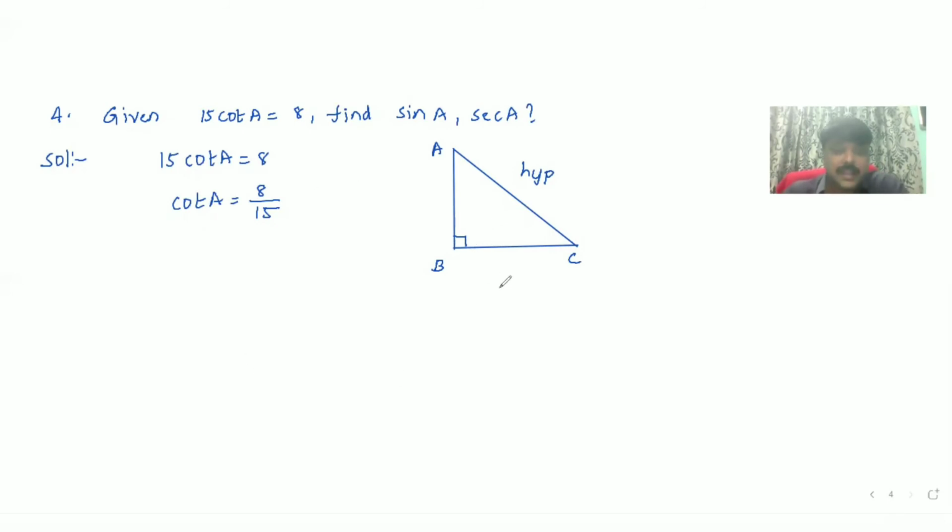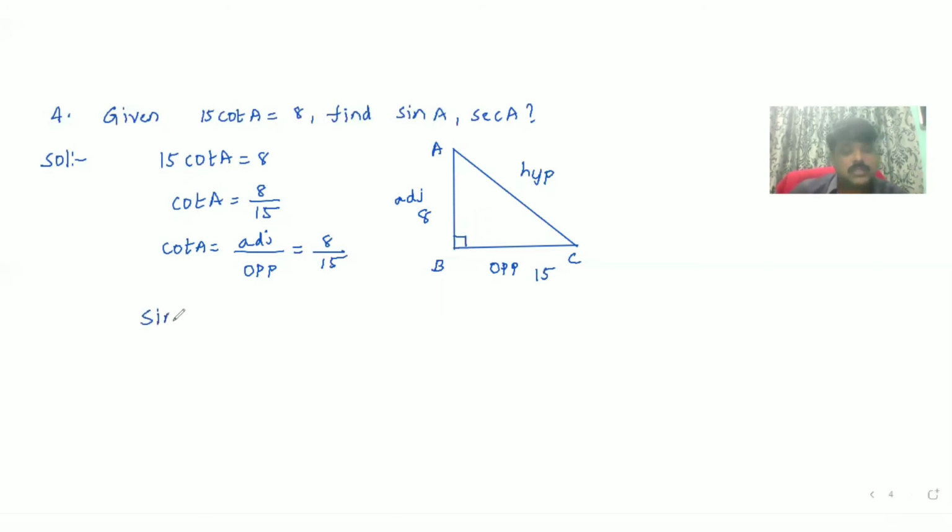Now for this angle A, this becomes the side opposite and this becomes the side adjacent. As given, cot is nothing but adjacent by opposite, 8 by 15. Adjacent is 8 and opposite is 15.